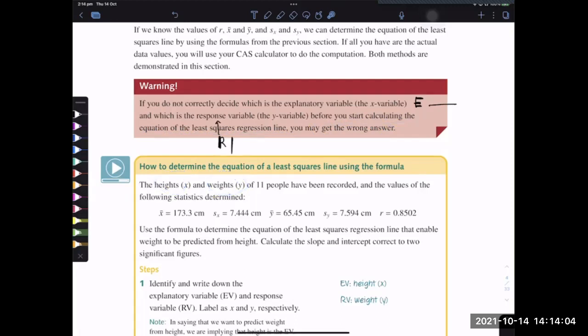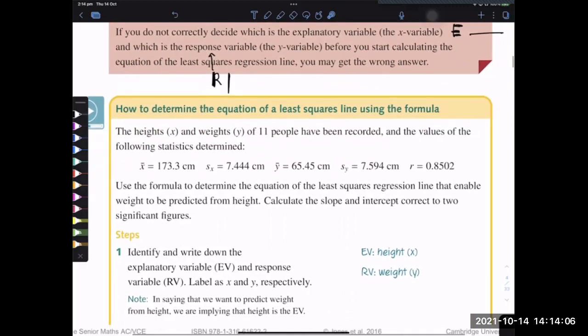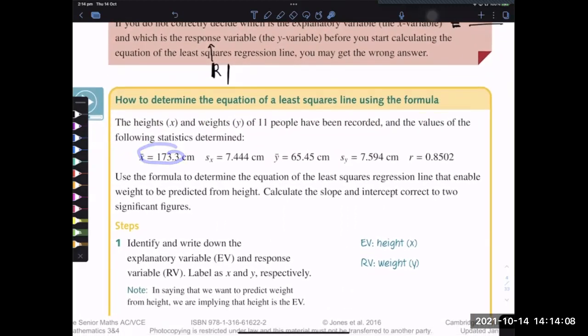Now they give us these values here. These are unfamiliar, except for this one. We know this one, that's the correlation coefficient. And you'll come across this next year again, the exact same variables, because this is coming from the Year 12 textbook.